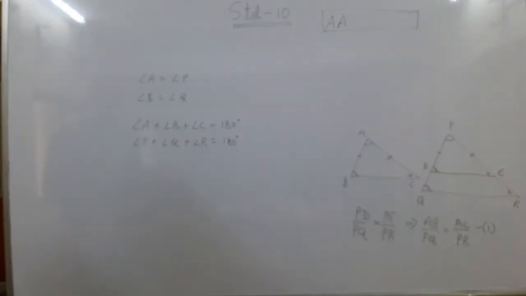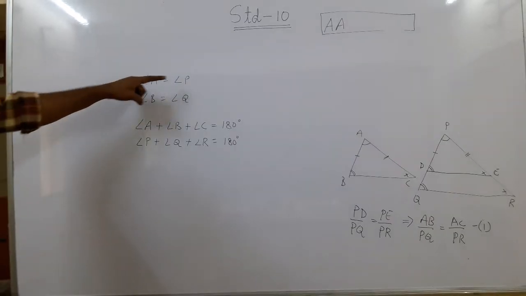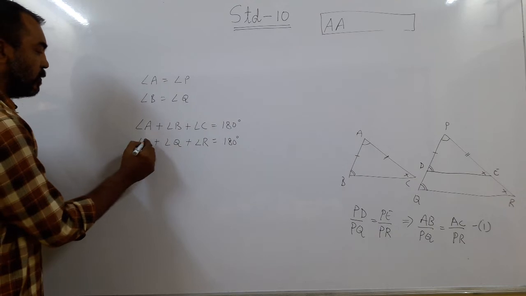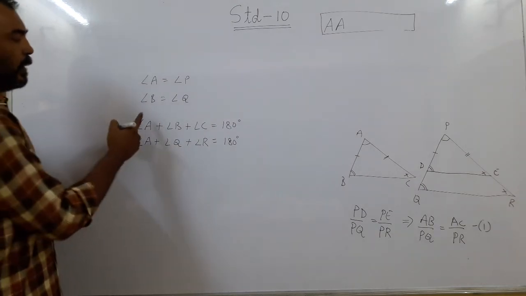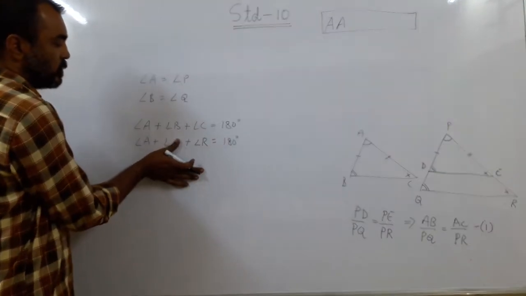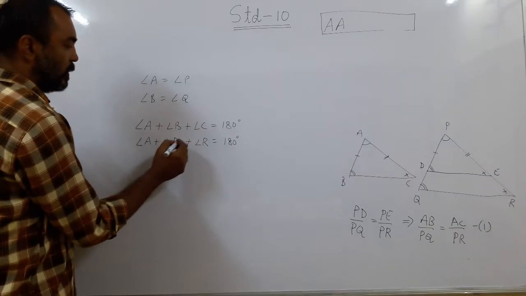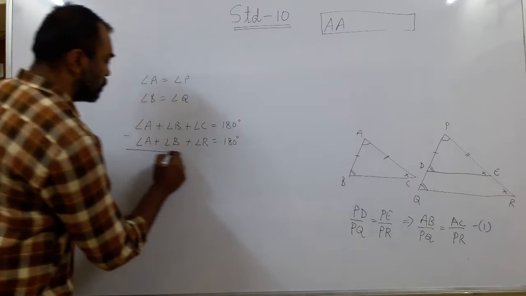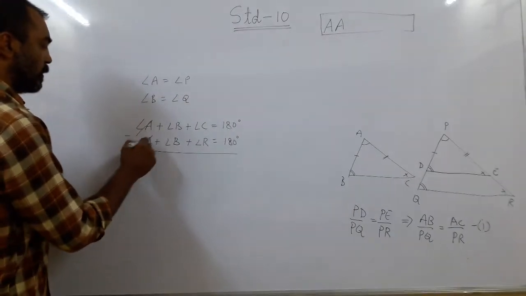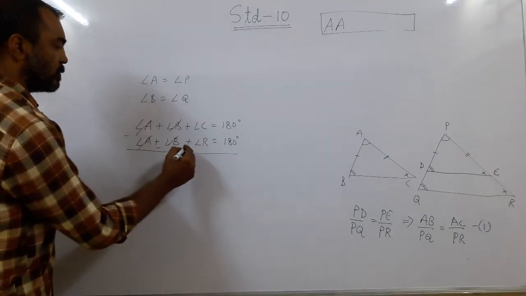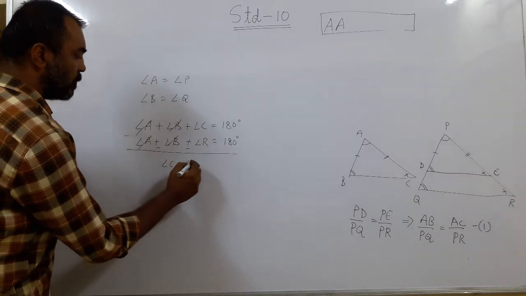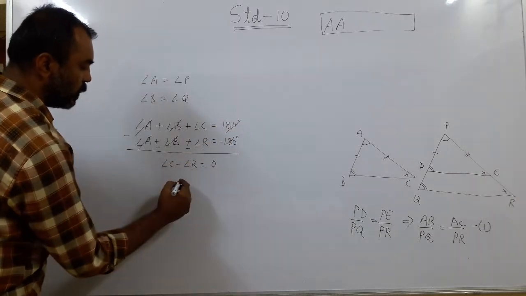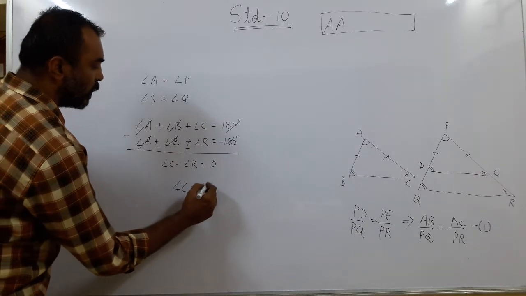Now angle A is equal to angle P, so instead of angle P, I will write angle A. Angle B equal to angle Q, so instead of Q, I will write B. And this we do not know. Now let me subtract. So A and A get cut, B and B get cut, and I get angle C minus angle R equal to 0. Moving to the other side, angle C equal to angle R.